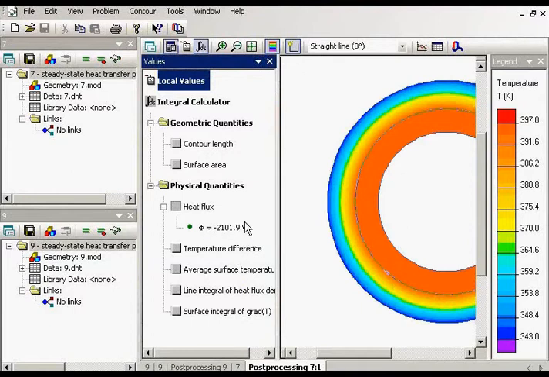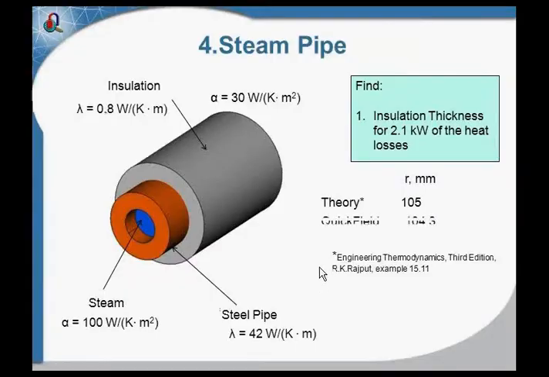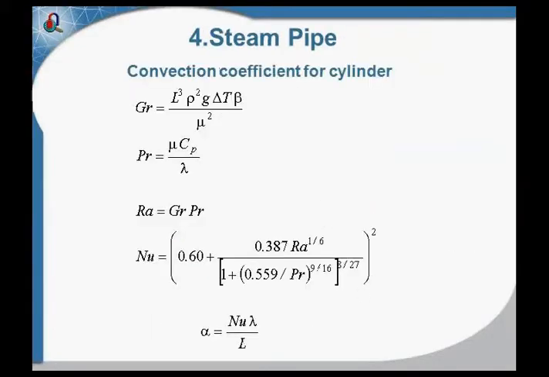That is about 2100. By the way, in this problem, not all of this problem, the convection coefficient from the outside surface of a cylinder could be calculated using similarity theory. We can simply calculate Grashof, Prandtl, Rayleigh, and Nusselt numbers, like in problem number 2, and calculate the convection coefficient after this.